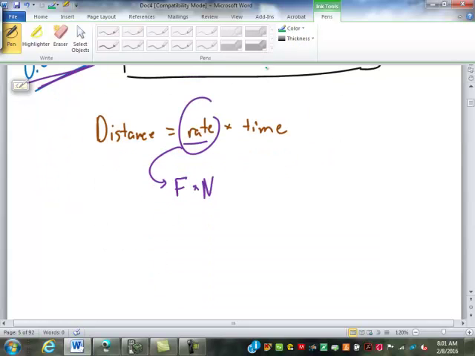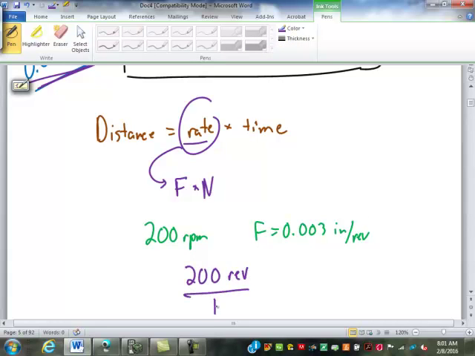If this tool here is 200 RPM and has a feed rate of 0.003 of an inch per revolution, then it is going to advance 200 revolutions.